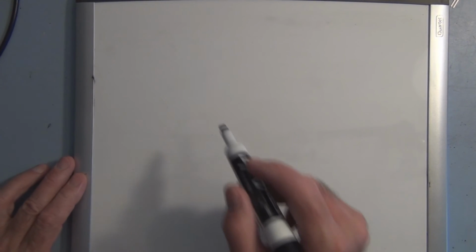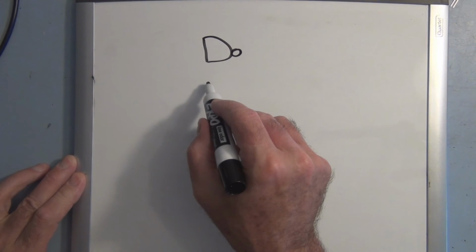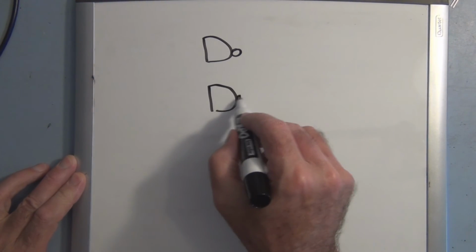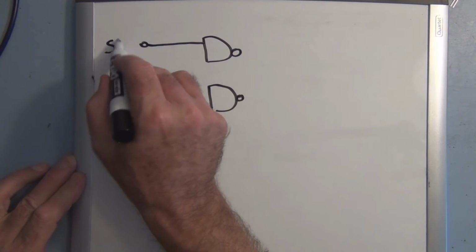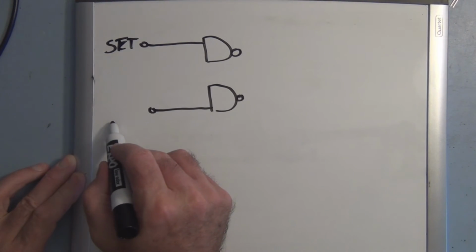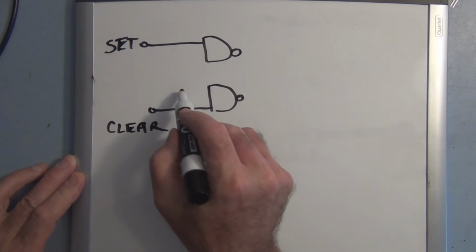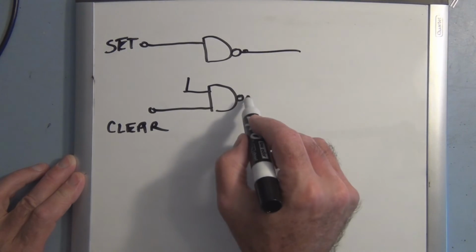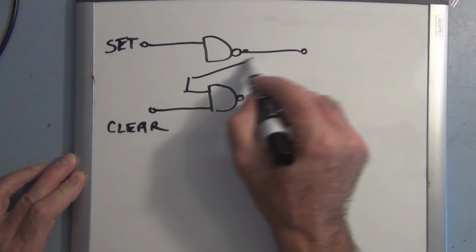You can also build a flip-flop with NAND gates, but the topology and the truth table are just a little bit different. So if we have two NAND gates, with the set and the clear, it's the same when we have the input of one connected to the output of the opposite.